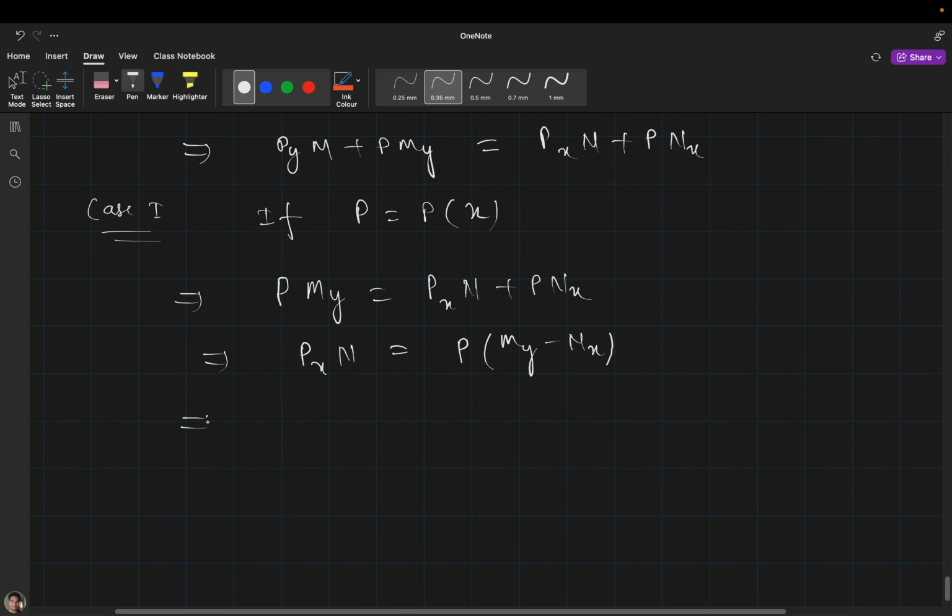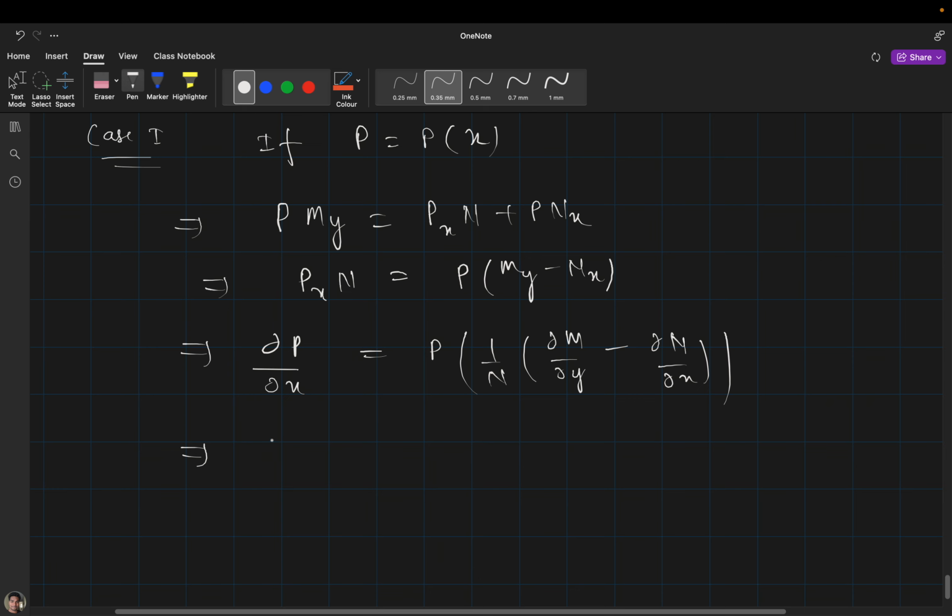And Px is ∂P/∂x, so ∂P/∂x equal to P times 1/N times (∂M/∂y minus ∂N/∂x). Now I can write ∂P/P equal to 1/N times (∂M/∂y minus ∂N/∂x).